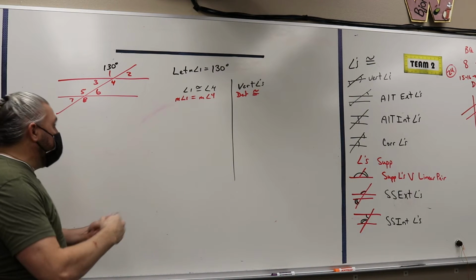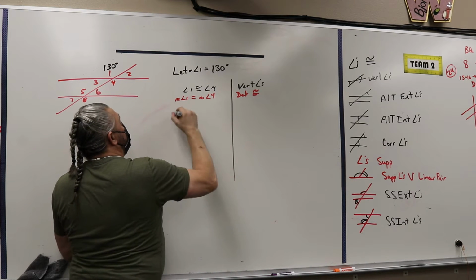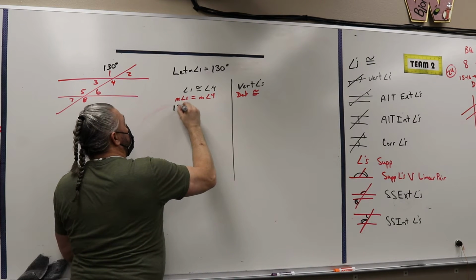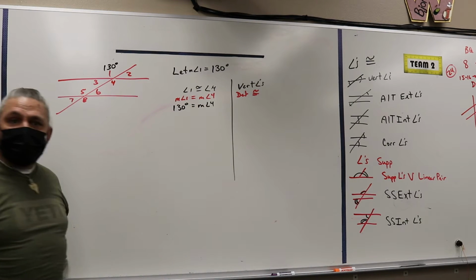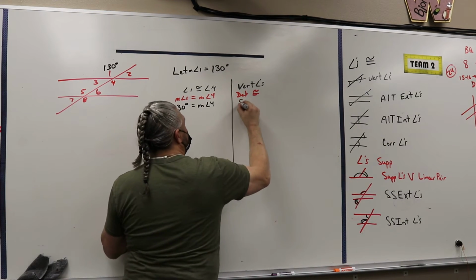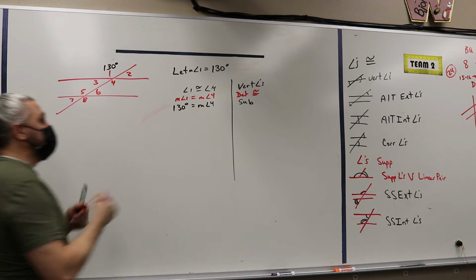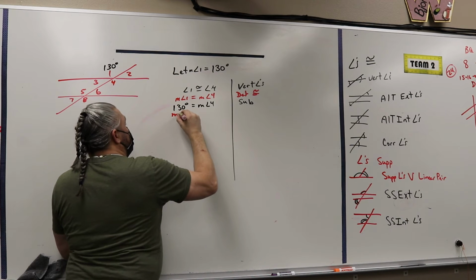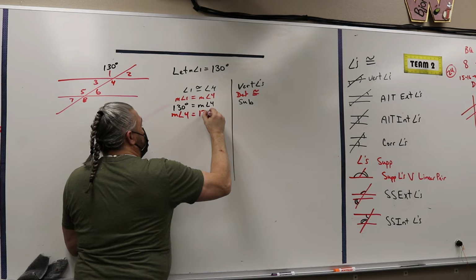Next, I could say 130 degrees is equal to the measure of angle 4, right? Substitution. Last, the measure of angle 4 is equal to 130 degrees.